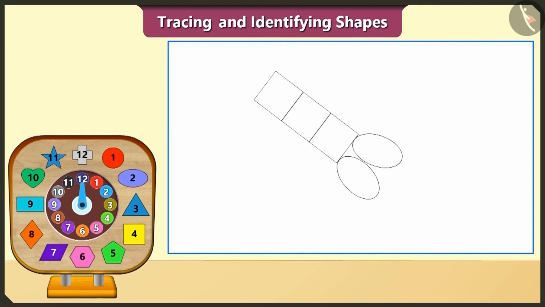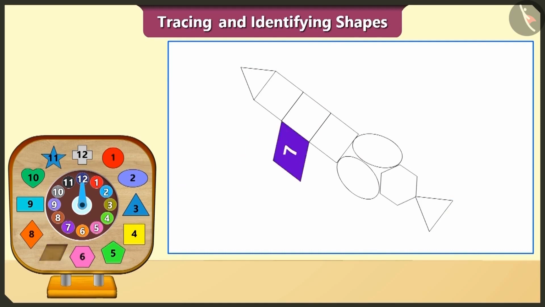Now we will draw a hexagon shape by tracing the hexagon block under these 2 ellipses. Yes, now we will trace this triangle block and draw 2 triangles like this.